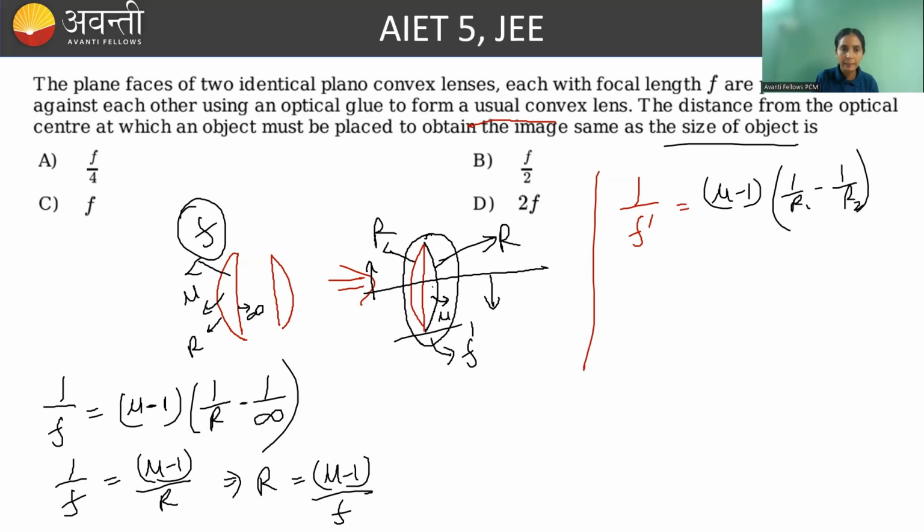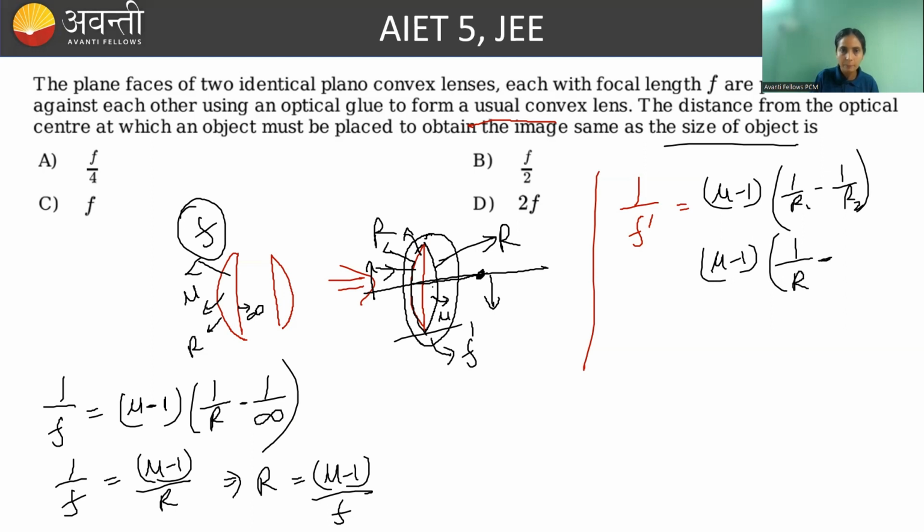So r1, if I'm taking incident light as this, r1 will be the radius of curvature of this surface. This surface has its center of curvature somewhere here, so R1 will be positive, with positive sign convention. I hope these sign convention things are clear to you, so I will do it fast.